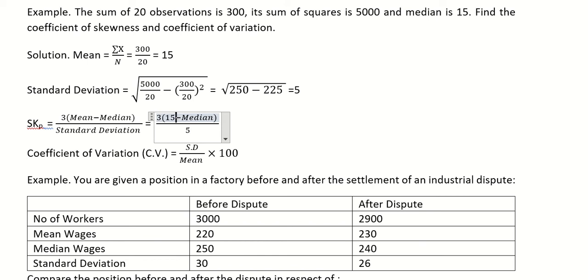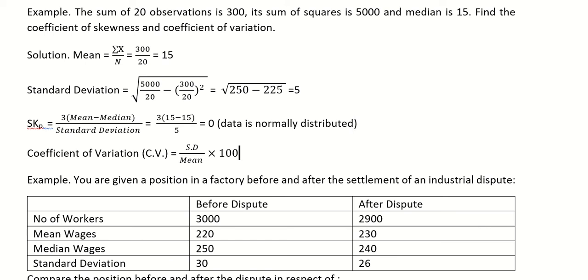And median is also 15. So here we are. 15 minus 15 is 0. So answer would be 0. So here SKP is 0. So if this is 0, which indicates that data is normally distributed. So this is the ideal situation usually any researcher would want. Data is normally distributed, a normal bell-shaped curve.